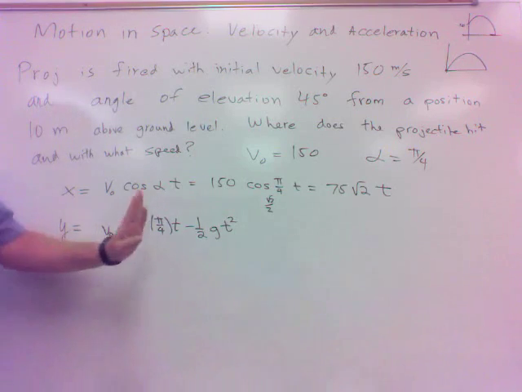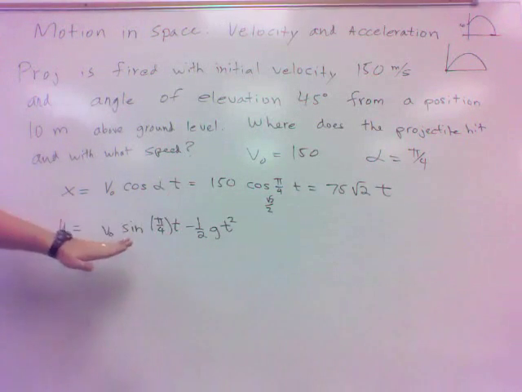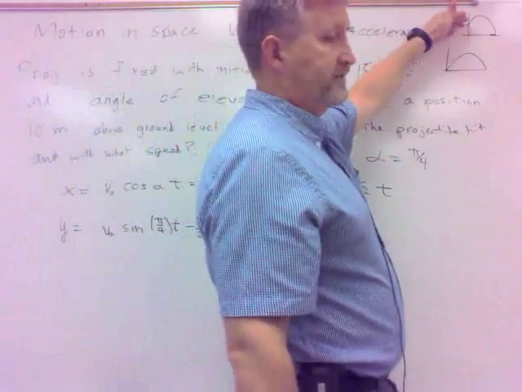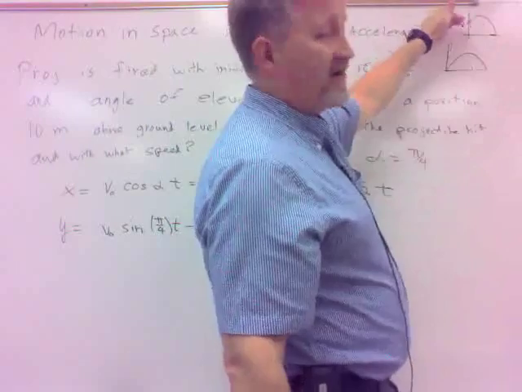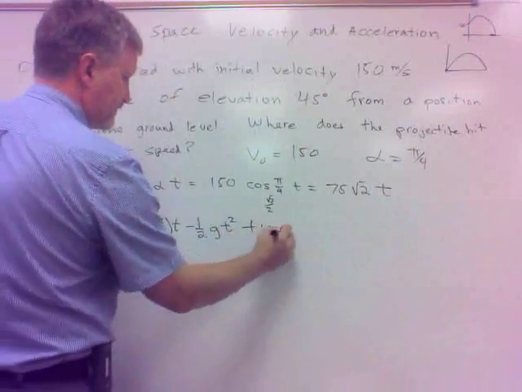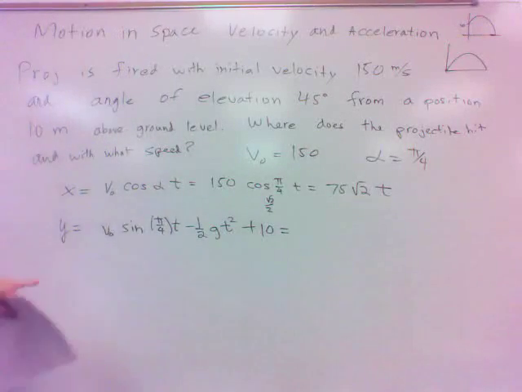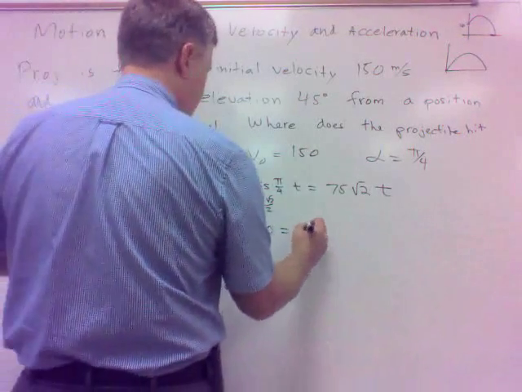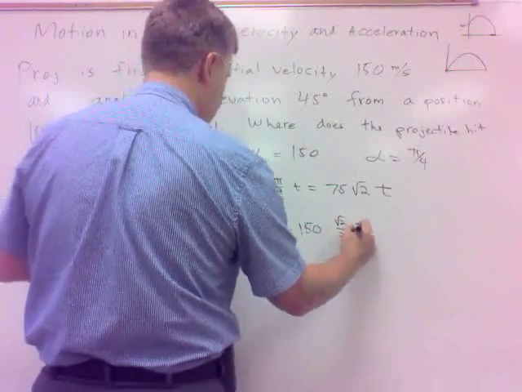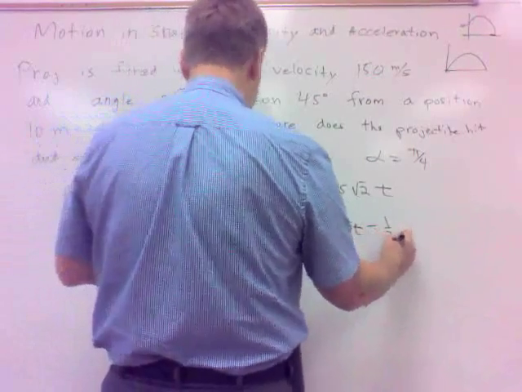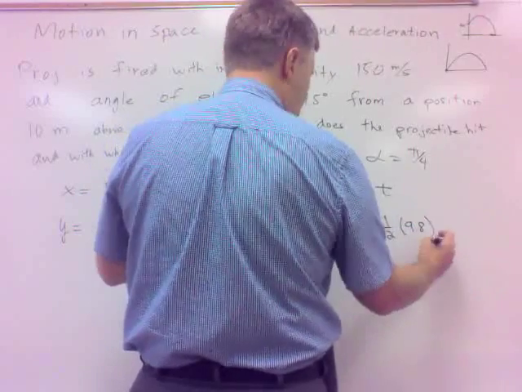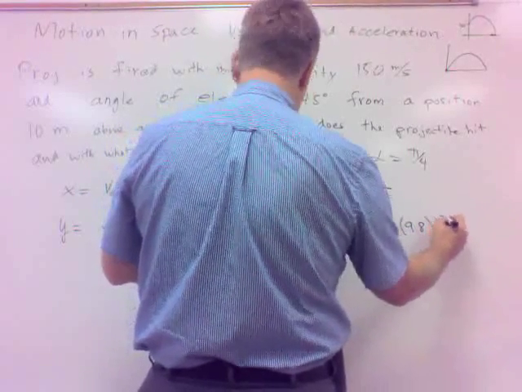Now, like I said, the x isn't affected by our moving it up 10. It's still x. But the y value, we need to add a plus 10 here. So we've got 150 times sine of pi over 4, also square root of 2 over 2, t, minus 1/2 g, which is 9.8 meters per second squared, t squared, plus 10.